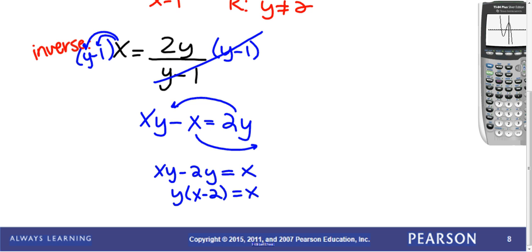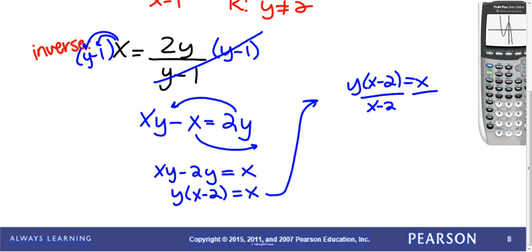Okay, I'm going to go up here because I'm running out of space. When I divide, I'm just going to recopy that so we don't get confused, okay? And now I need to divide, so I will divide by x minus 2. And so my inverse is that.